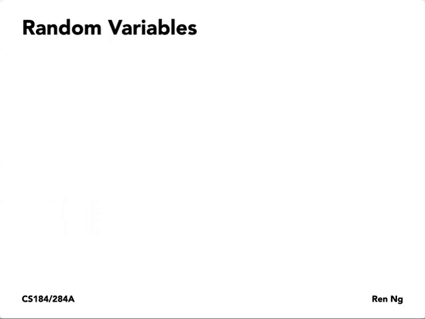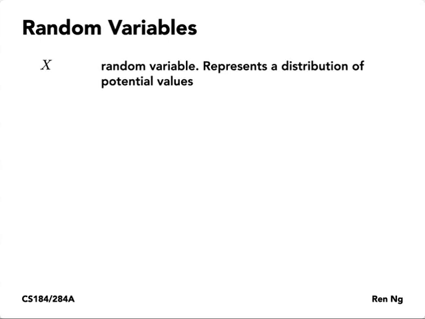I think we've all used a random variable function, probably in the coding that we've done before, rand 0, 1 or some equivalent in APIs that you've used. Mathematically, what are we talking about here? I'm going to use notation in this lecture where a capital X or a capital variable might denote a random variable. That means that this random variable represents a distribution of potential values.